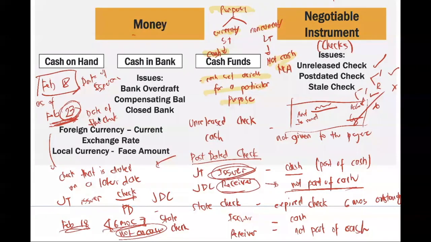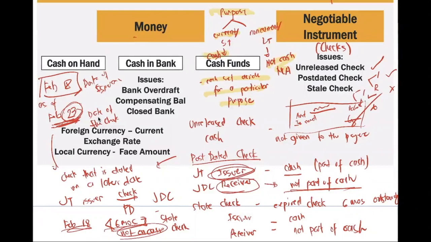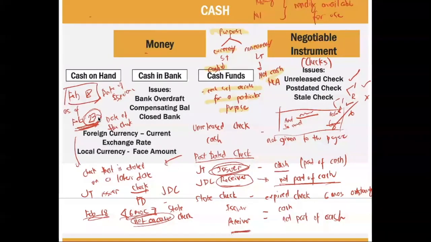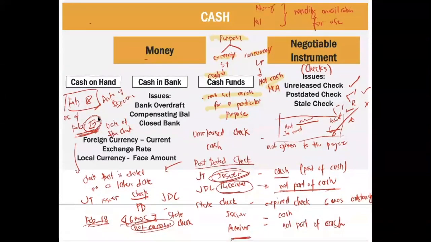So those are the different issues and guidelines on your cash. So your cash, take note, is only money or negotiable instrument that is readily available for use. And we discussed the different items as your cash on hand, cash in bank, cash funds, and your negotiable instruments. Please do not forget the measurement basis of your cash.